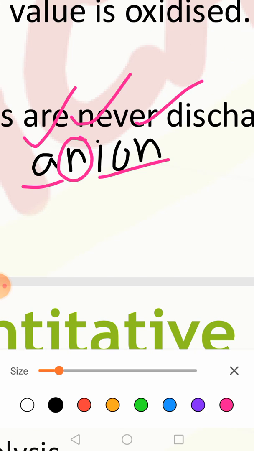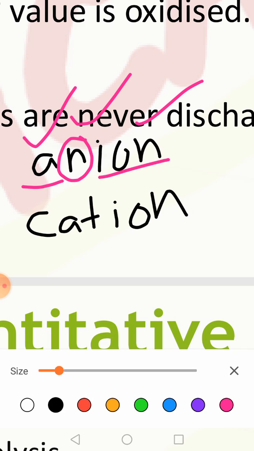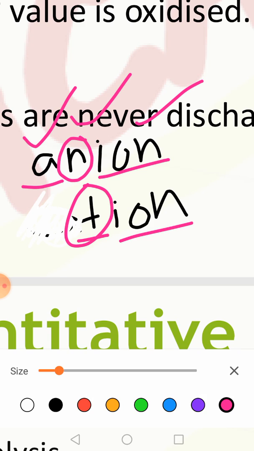And what about cation? You will remember cation like this: forget the Ca, and what you are left with is the T ion, and T looks like a plus, so it's the plus ion, meaning the positive ion.